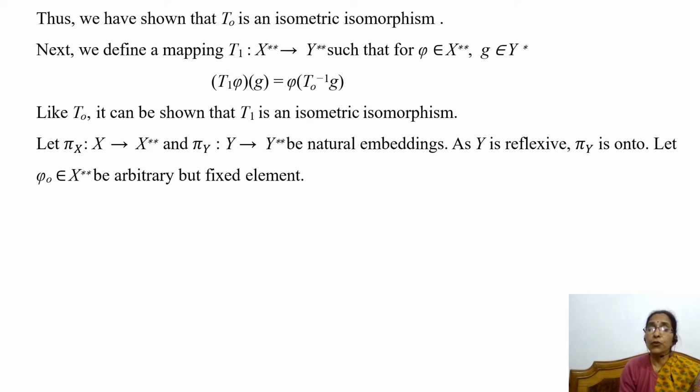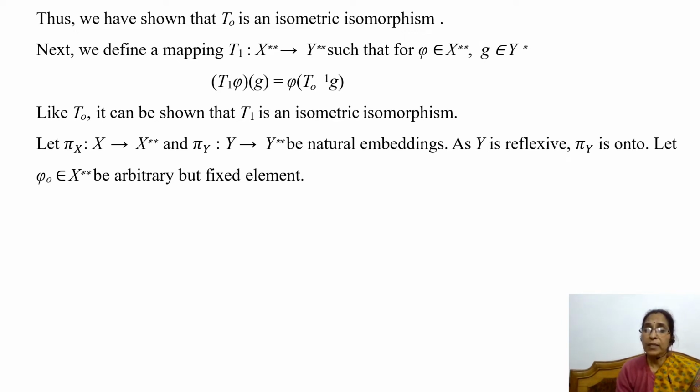Now we want to show that X is reflexive, means we want to show that the natural embedding from X to X double star is onto. Let pi X be a mapping from X to X double star, and pi Y be a mapping from Y to Y double star, and these mappings are natural embeddings. Here we have replaced pi by pi X and pi Y because we have two natural embeddings.